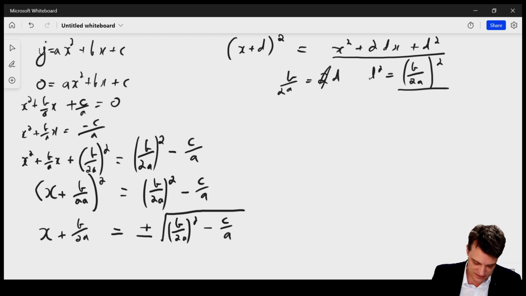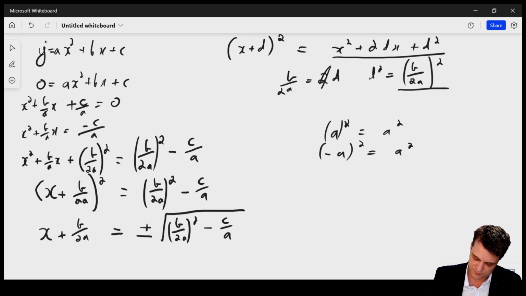Before I do the next step, just remember why we're adding the plus minus onto this. If we take this entire right-hand side of the equation and square it, it doesn't matter if it's a plus or minus, because a all squared is equal to minus a squared, which is equal to a squared.